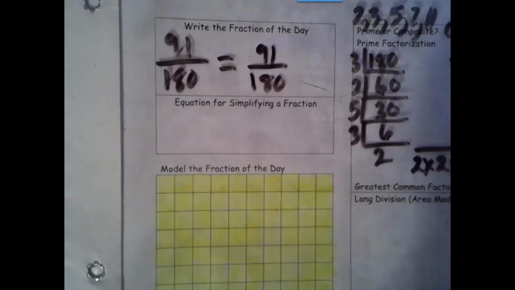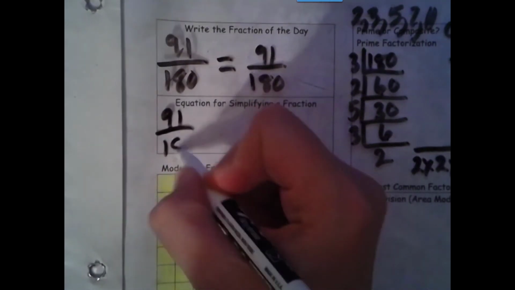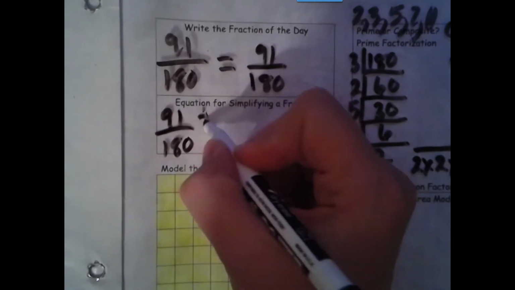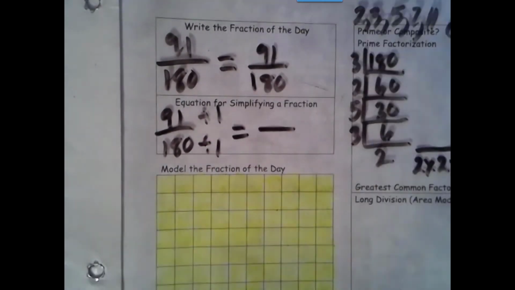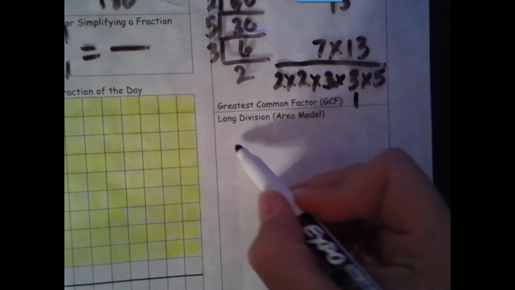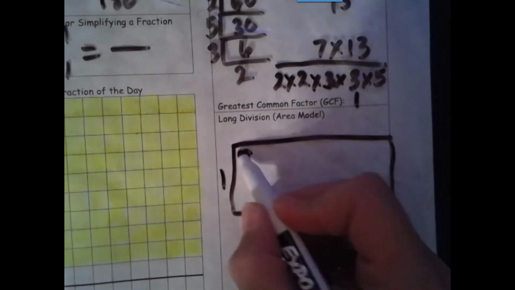91. So let's go ahead and prove this with our division, with our algorithm. Okay, so we're going to divide both our denominator and our numerator into groups of 1.